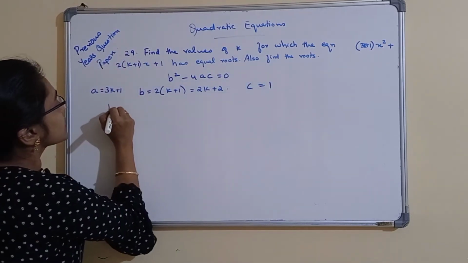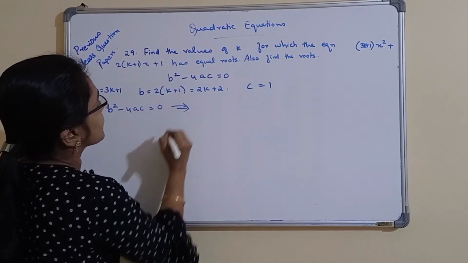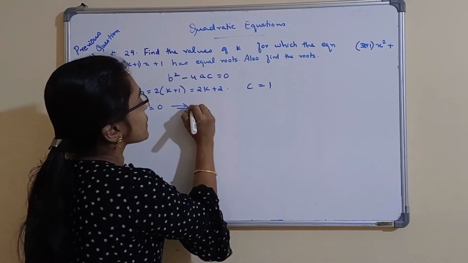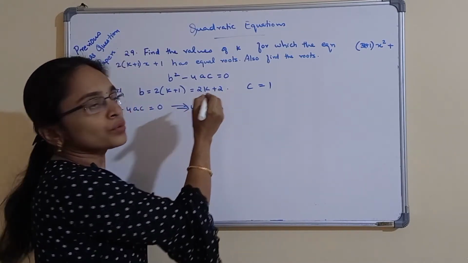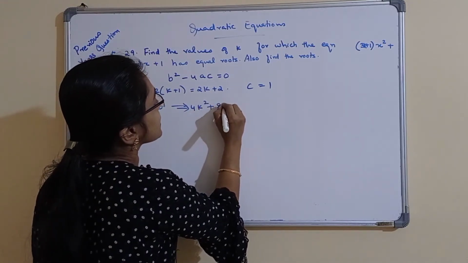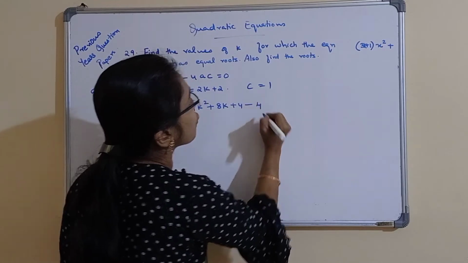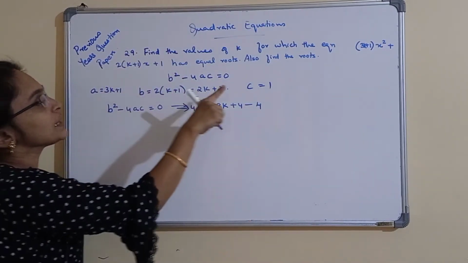So b square minus 4ac equal to 0 implies b square is 2k plus 2 the whole square which is 4k square plus 2 into 2k into 2 that is 8k plus 4, then minus 4ac that is 4 into 3k plus 1 into 1.